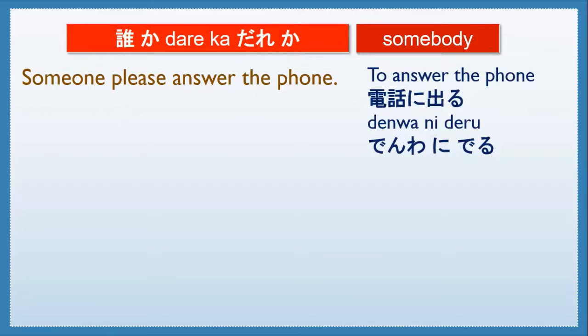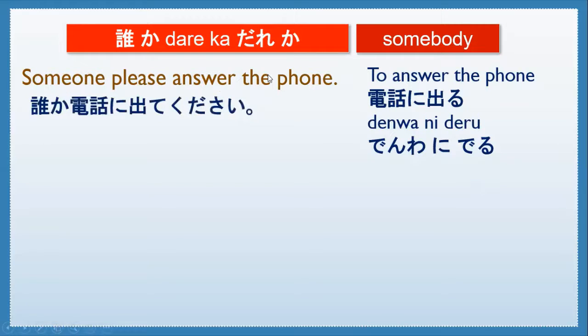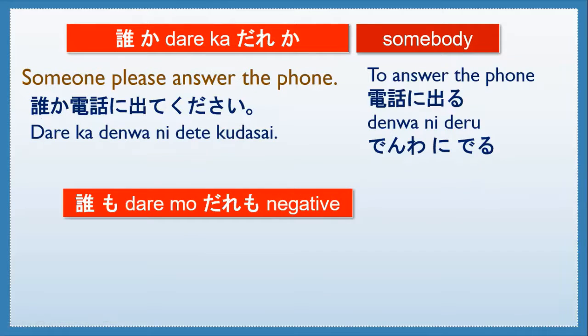And to answer the phone is 電話に出る。When we are requesting someone, please answer, the ru will become te form. 誰か電話に出てください。So here the 出る becomes 出てください。You don't need to remember everything.